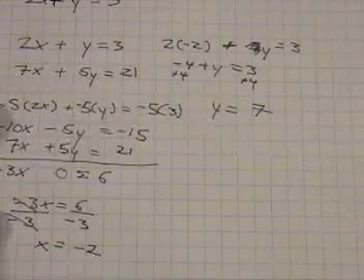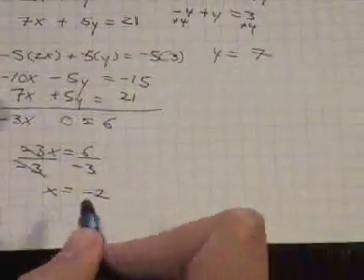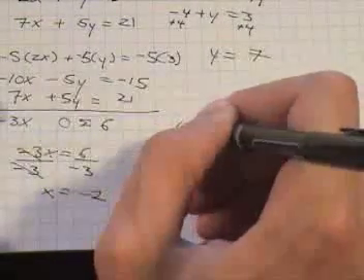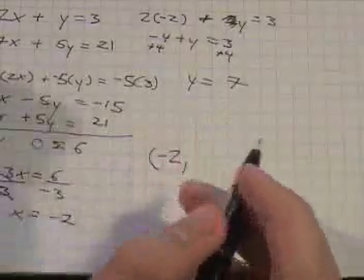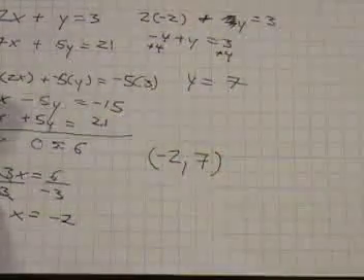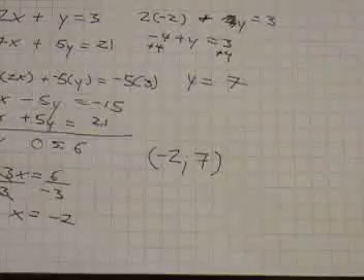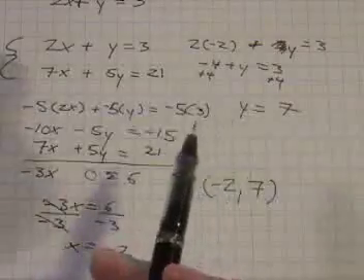Now that we have that, we have an ordered pair. You have for the x coordinate, negative 2, and then for the y coordinate, 7. So there's your ordered pair right there.